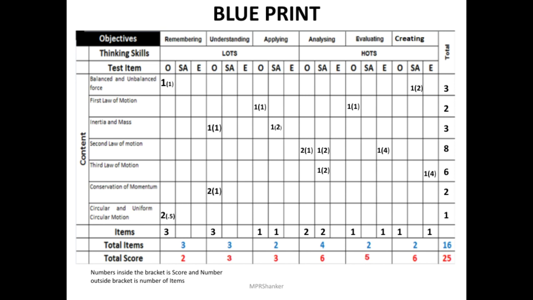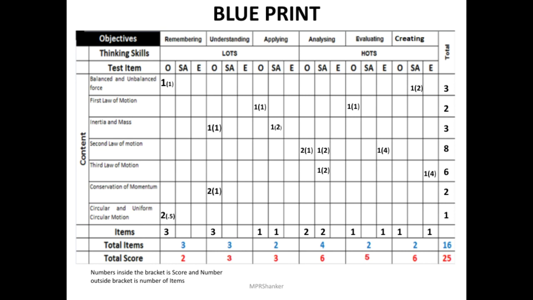The number outside the bracket shows the number of items, and the number inside the bracket gives the score for each item.